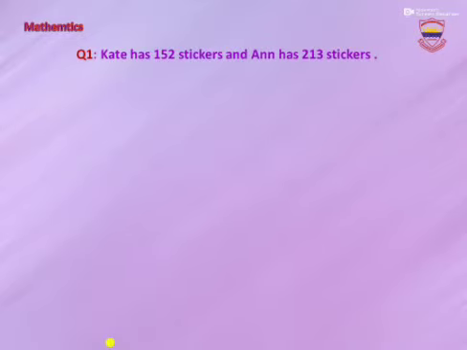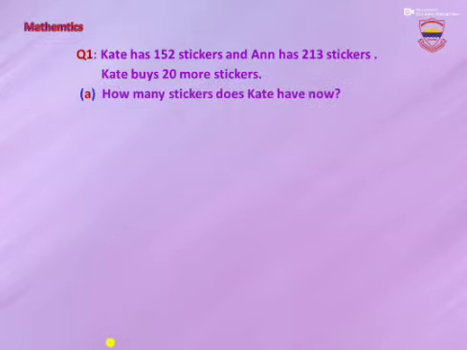Firstly, read the statement keenly and know what is given and which thing is to be found first. Kate has 152 stickers and Anne has 213 stickers. Kate buys 20 more stickers. First, we have to know how many stickers Kate has now.